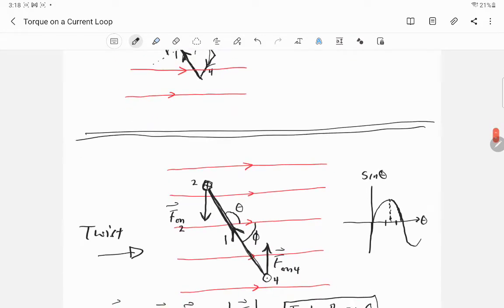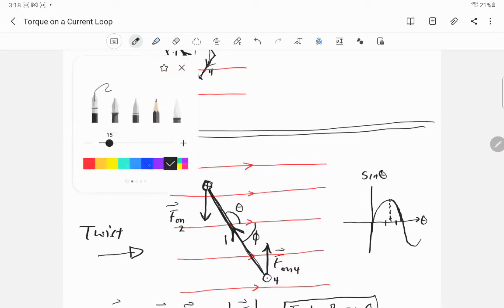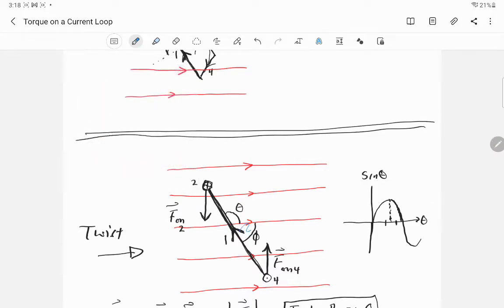So let me put in blue a little dot. The location where force number 2 acts is called R2. And the location where force number 4 acts is called R4.